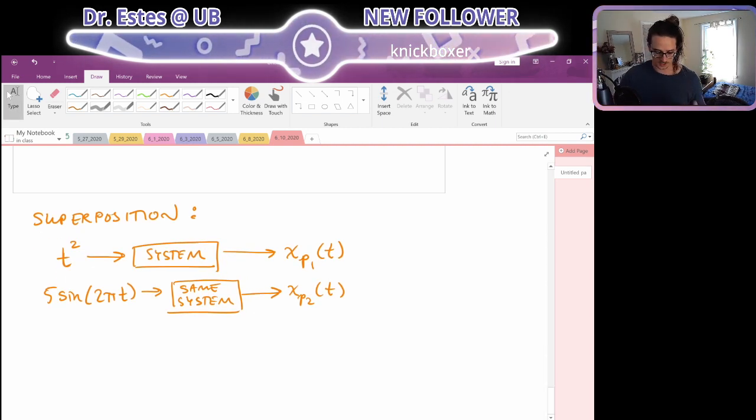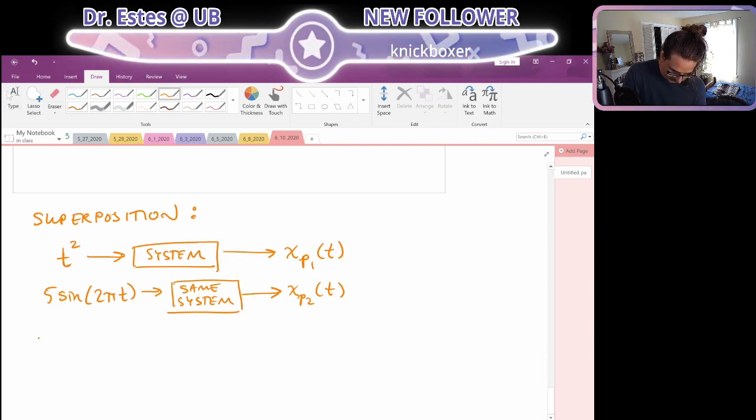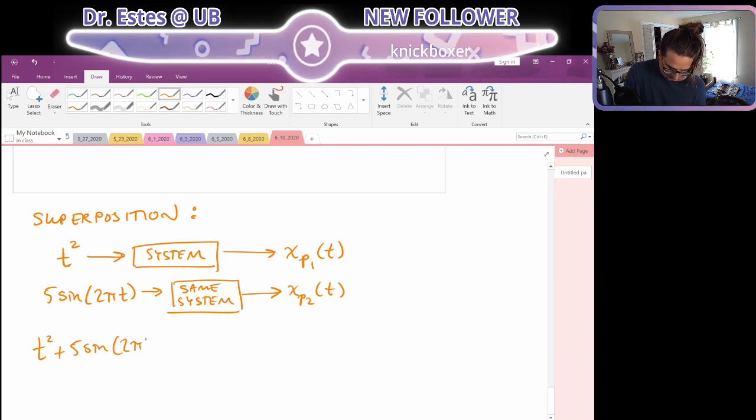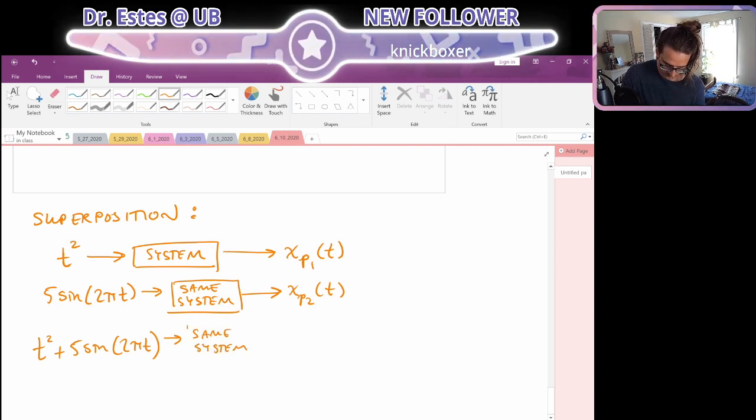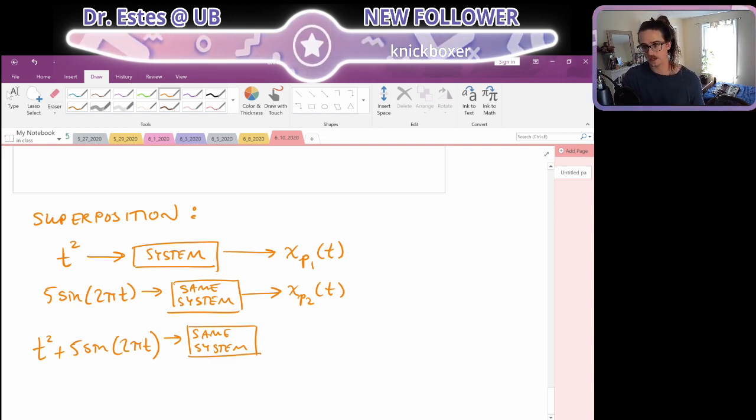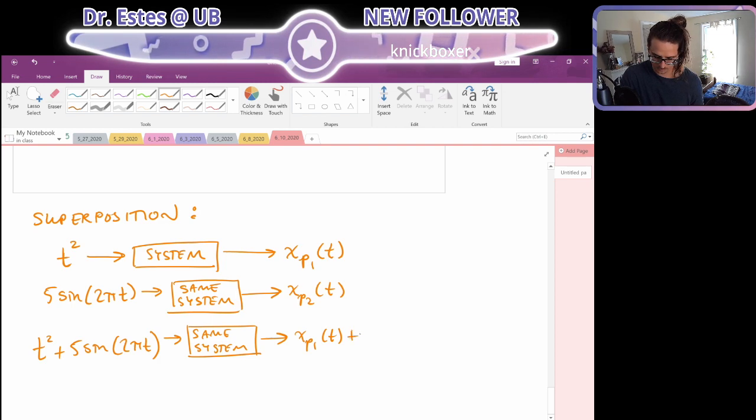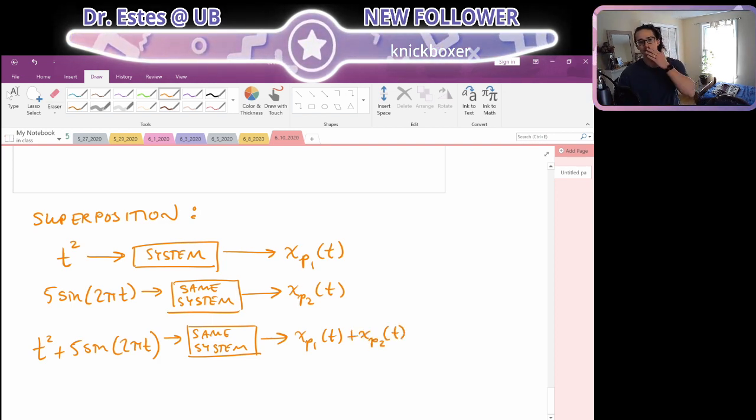Now this is what we just did. What if we take t squared plus 5 sine 2 pi t, and yet again, we put it into that same system? What did we get out? The summation of the two particular solutions.